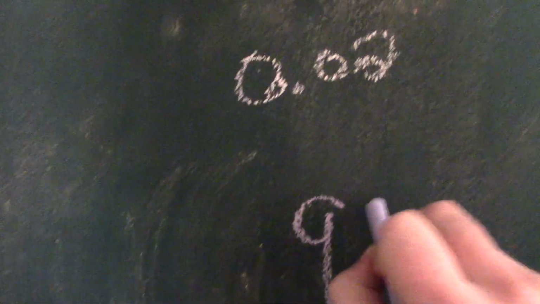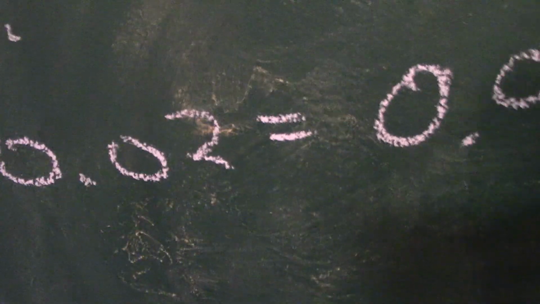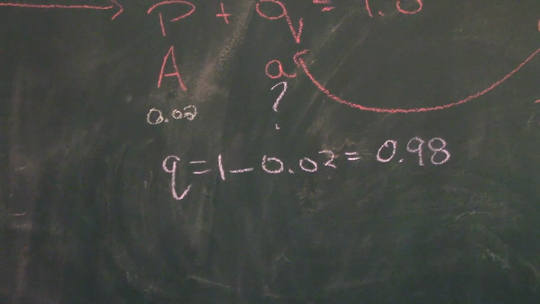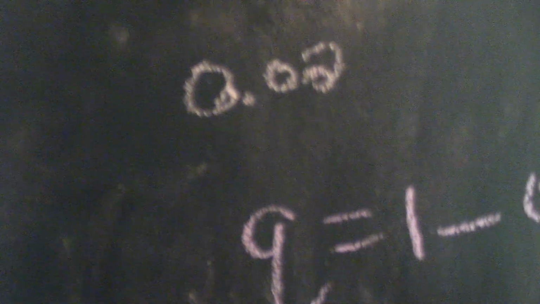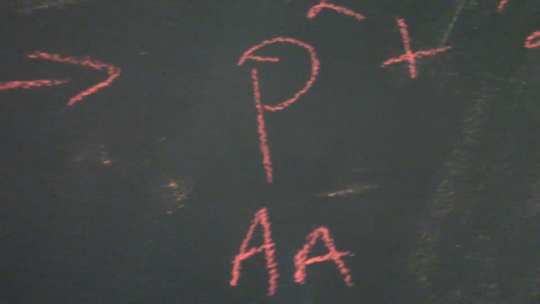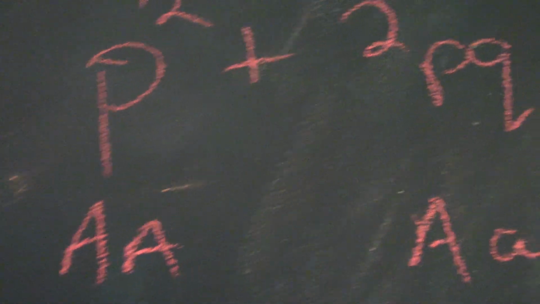So Q is going to equal 1 minus 0.02, and Q equals 0.98. The question asks for the percentage of cats that will be polydactyl. So I have P and I have Q. I have the allele frequencies. What I want to know is which genotypes will be big P, big P, and which ones will be big P, little p.